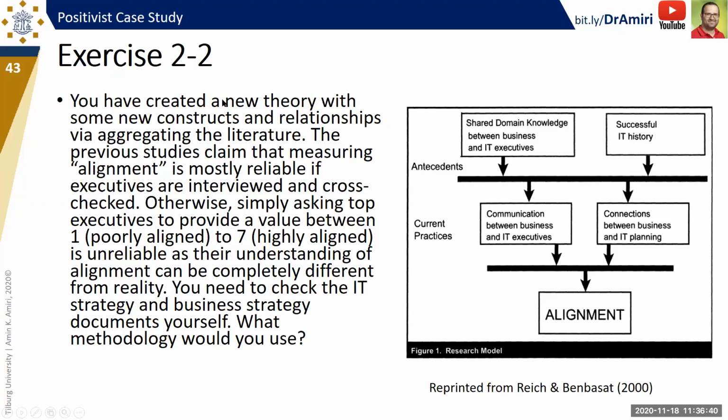So it's not going to be an exploratory case study. The previous study claims that measuring alignment is mostly reliable if executives are interviewed and cross-checked. So this construct that you see here, alignment, cannot be easily measured using a field survey questionnaire.